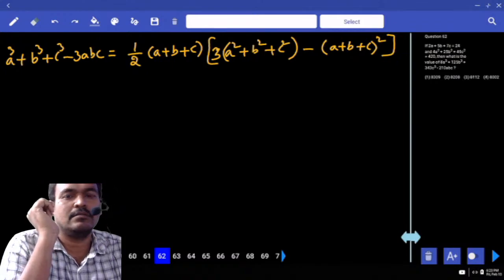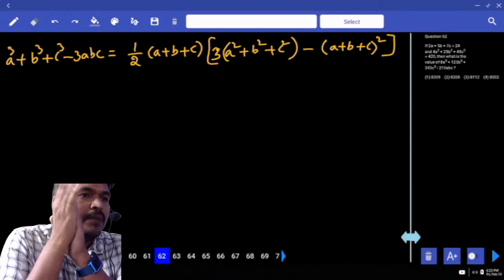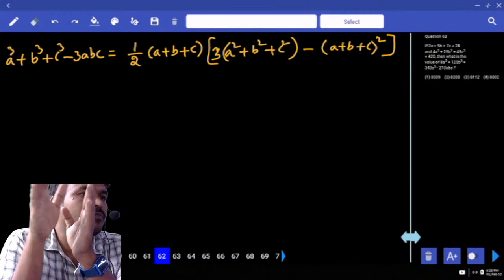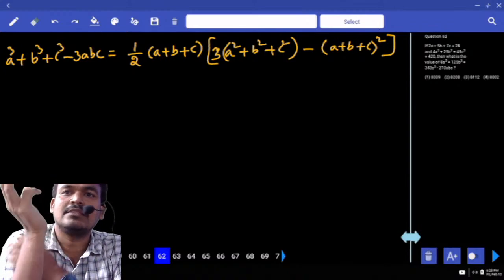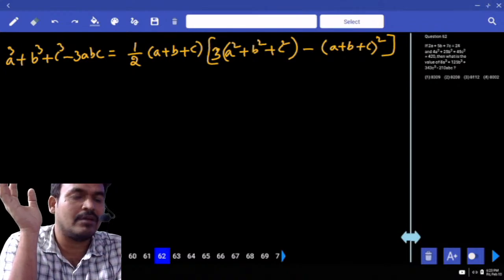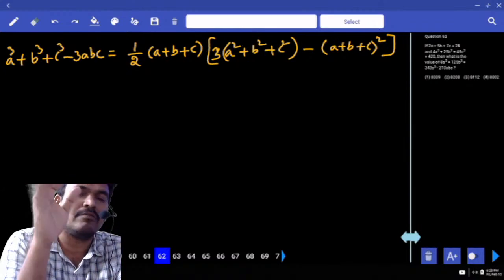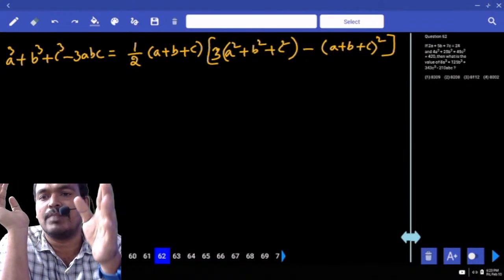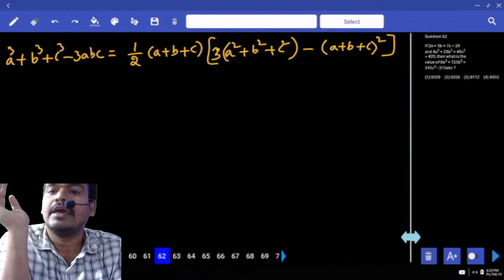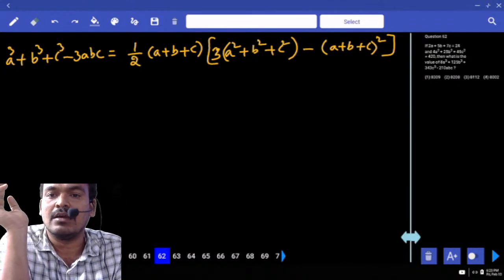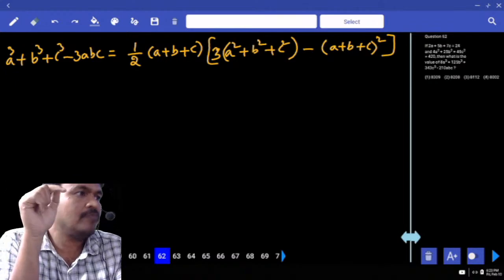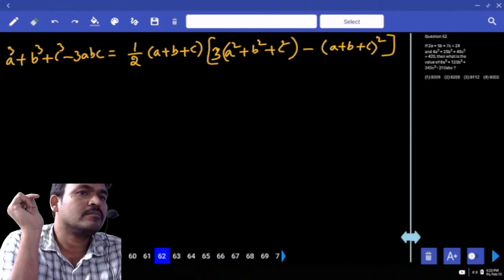Actually, normally we write a plus b plus c into a square plus b square plus c square minus ab minus bc minus ca. It is a 3 step model. But here directly we are using the same formula. We converted it to half into a plus b plus c into 3 times of a square plus b square plus c square minus a plus b plus c whole square. Same formula directly we wrote.